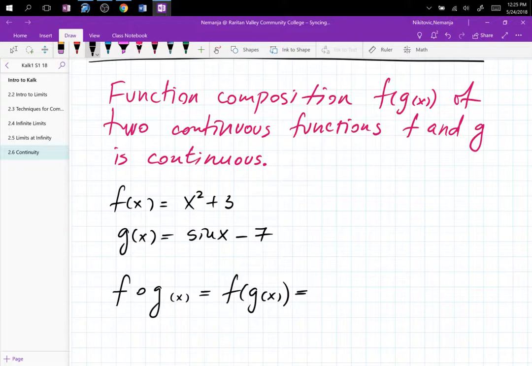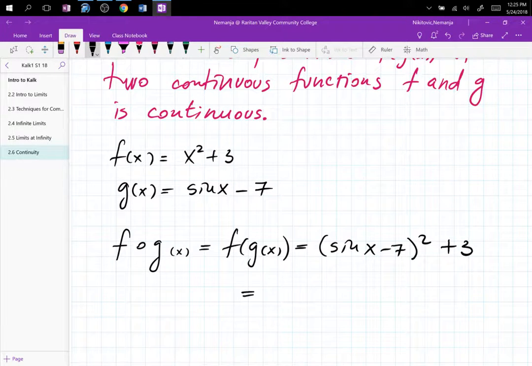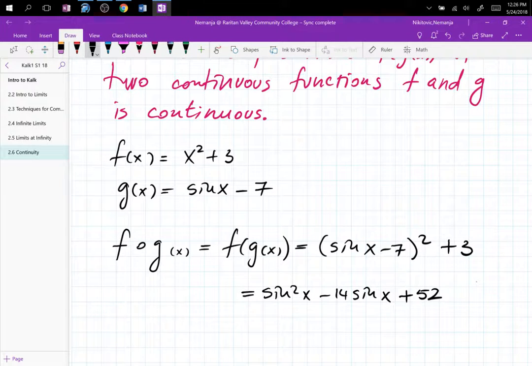So we are replacing x with sine x minus 7, everything squared, plus 3. You can work out this algebra to get sine squared x minus 14 sine x plus 49 plus 3, which is 52. And this would be continuous.